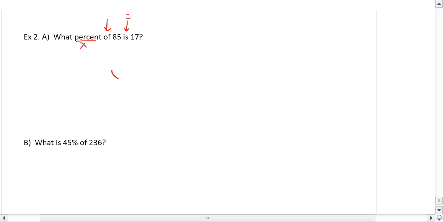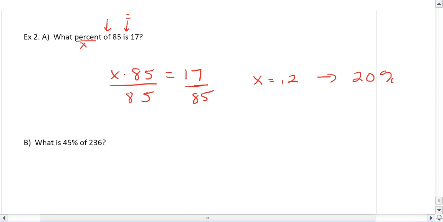So I take x times, because the word of means times, 85 is means equals 17. So now to solve, we would divide both sides by 85, which gives us x equals 0.2. But remember, we were asked to find a percent. So I need to change that to a percent for a final answer of 20%.